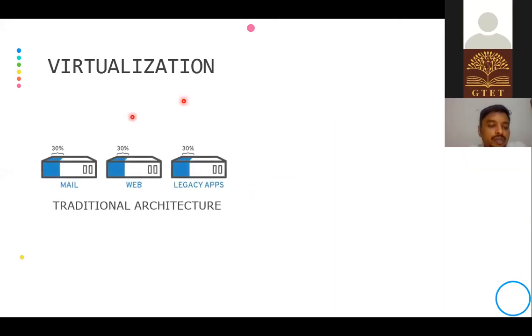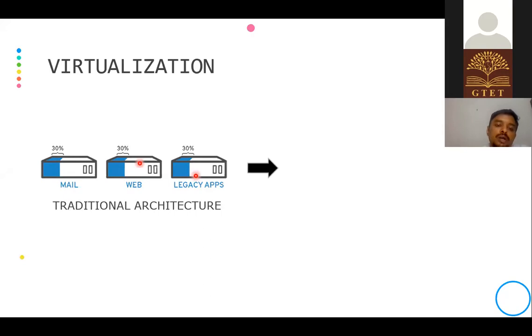Let me give virtualization another example. If you had three different purposes earlier, let's say an email server, a web server for your website, and your Excel, Word legacy apps that were running, you would require three different machines to run these softwares and applications independently.